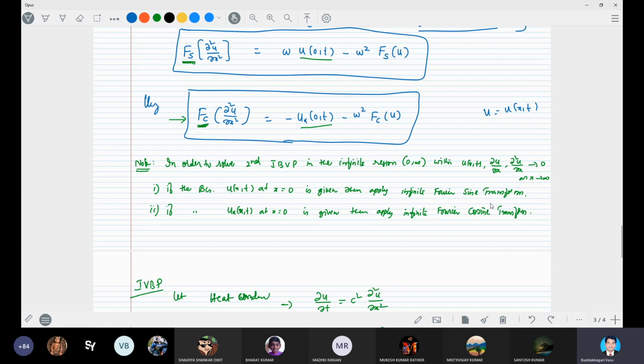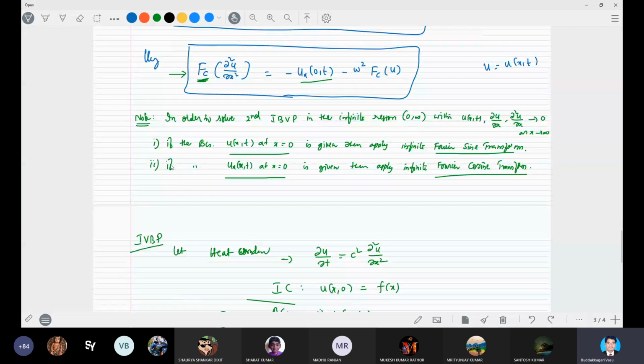In order to solve the second order PDEs or initial boundary value problems with u, du/dx, d^2u/dx^2 tending to 0 as x tends to infinity in the infinite region: if the boundary condition u(0, t) is given, apply the Fourier sine transform. If the derivative condition u_x(x, t) at x equal to 0 is given, then apply the Fourier cosine transform.